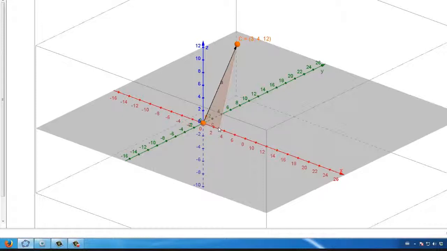How long is the adjacent side? 3. Yes. So our direction cosine for the x-axis we're going to say is cosine alpha. And using our example, what is cosine of alpha? It's 3 over 13. Or it's the x-coordinate over the absolute value or the length of the vector.